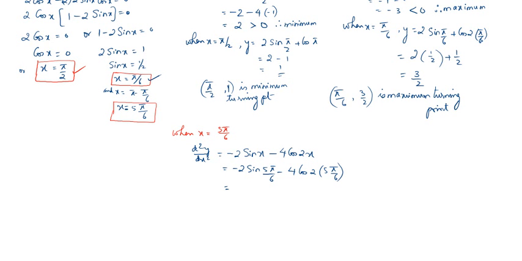It gives the answer minus 3. So minus 3 is less than 0. So if d squared y by dx squared is less than 0, therefore maximum.